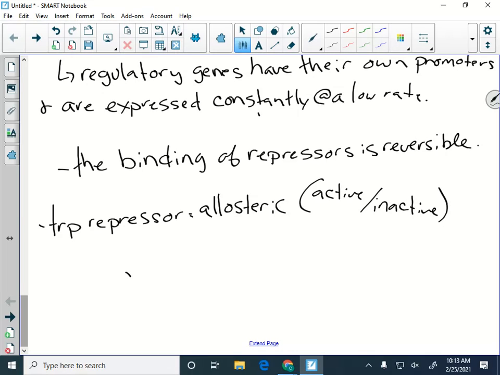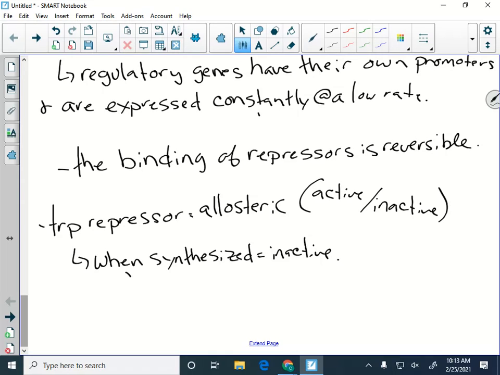When it is synthesized, it is inactive. So its default state is inactive.